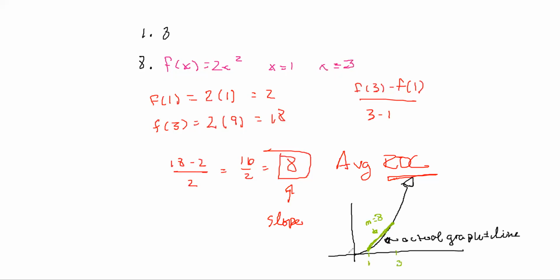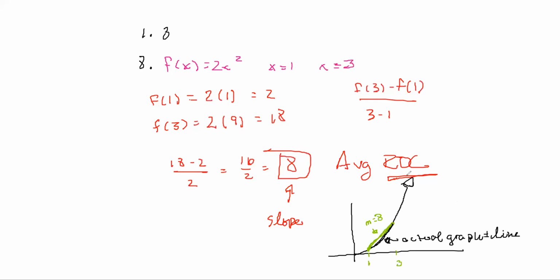But we're using this to approximate what the average rate of change is going to be. So the whole point of calculus is that eventually we're going to be able to figure out the instantaneous rate of change at any point along this black line here, and not this green line that's representing the average. So that's kind of where we're going to be going, and that's the meaning of this whole problem.